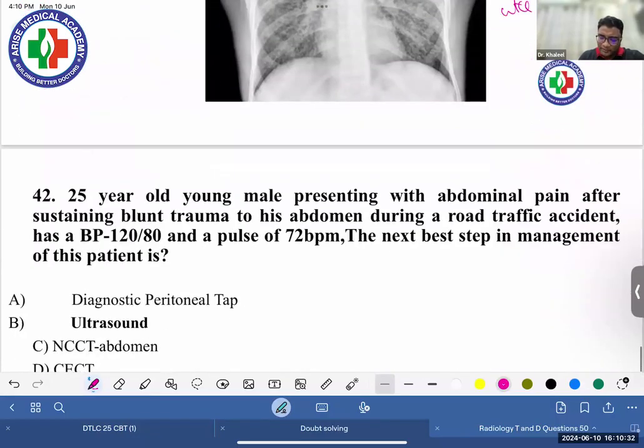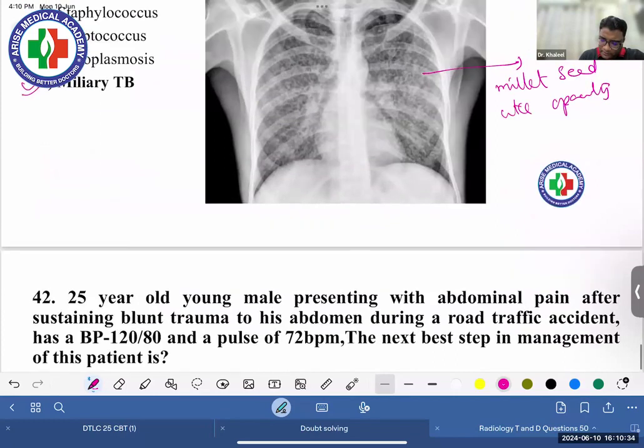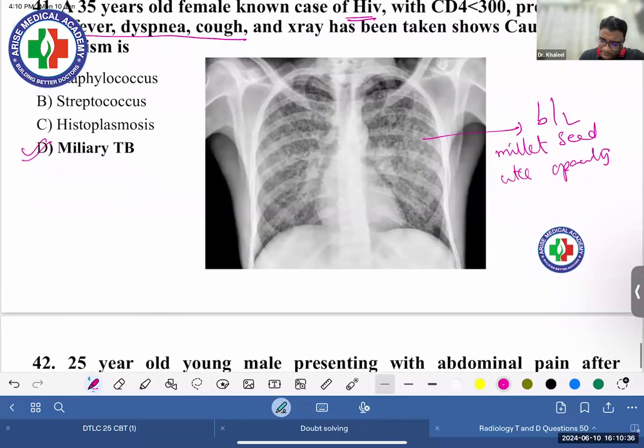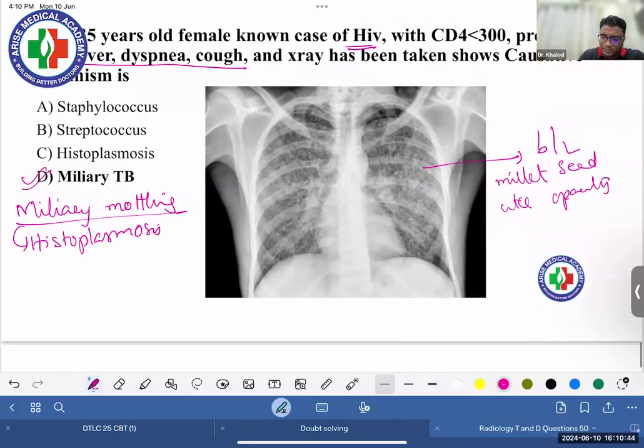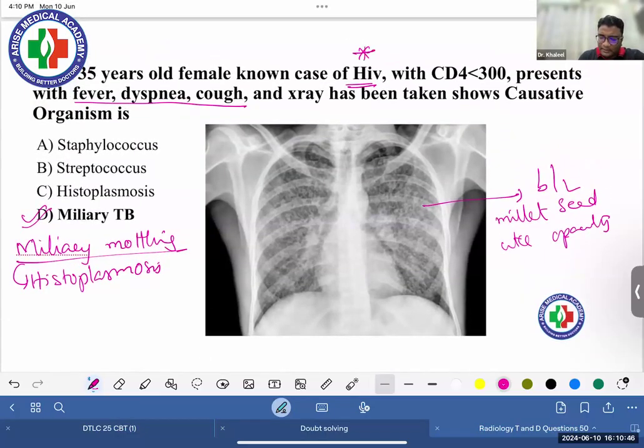What are the other causes of miliary mottling? You can see this in histoplasmosis also. So why not histoplasmosis? Because you have to choose the more common. Immunocompromised person, bilateral lung fields are showing opacities. You have to choose the more common ones first. Okay, so miliary TB. But it can also be seen in histoplasmosis, sarcoidosis.